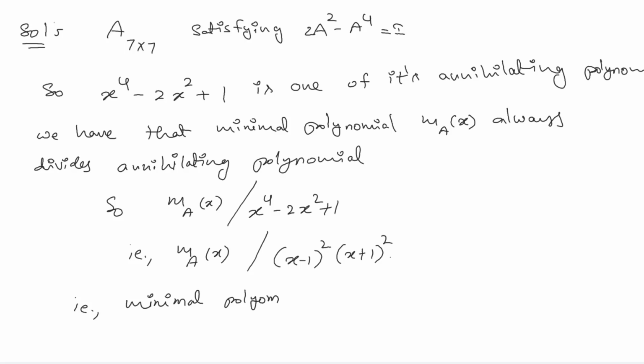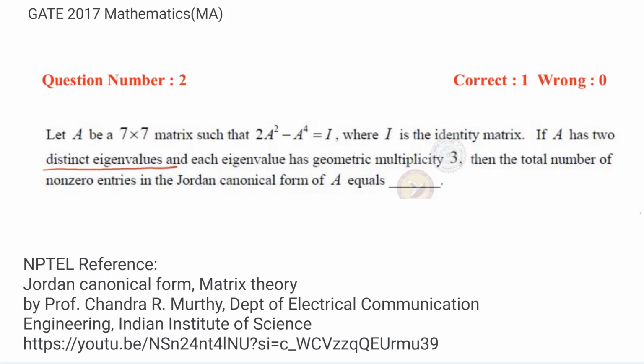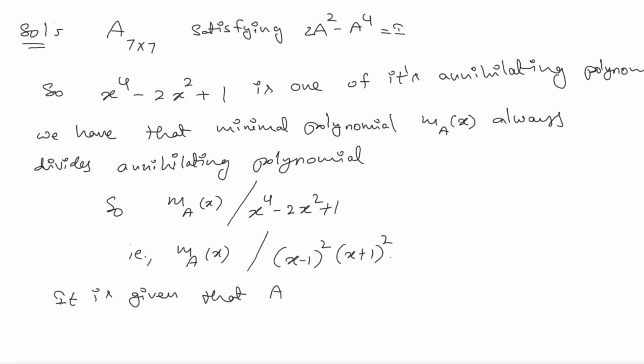As we have the minimal polynomial dividing this, and it is given that A has two distinct eigenvalues, from this condition we can see the eigenvalues of the matrix A are nothing but 1 and minus 1.